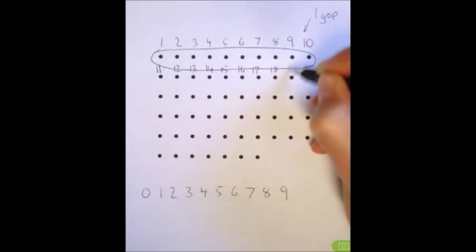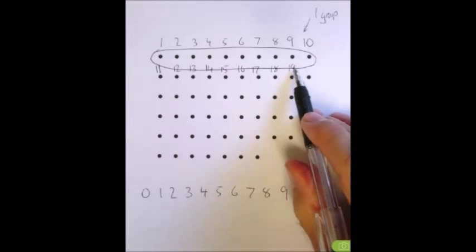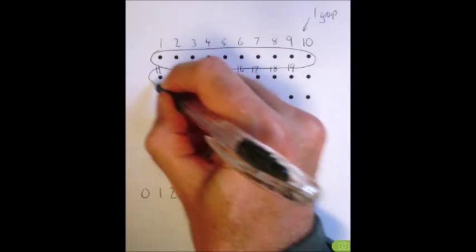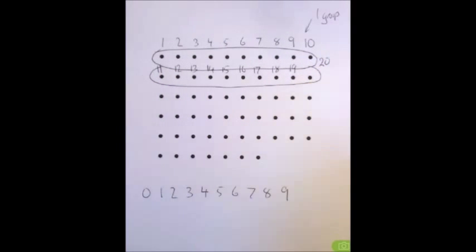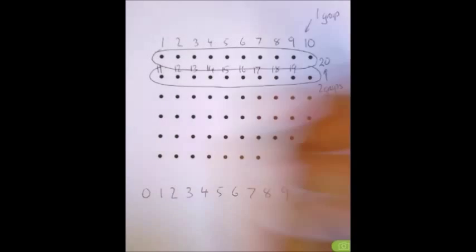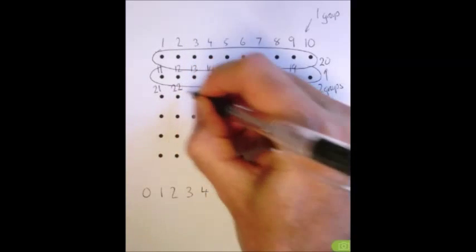And then when I get to 19, I don't have another symbol, and so I form a second group, and I say I now have 20 dots, and that is 2 groups and none left over. Now I have 2 groups and 1, 2 groups and 2, and on we go.